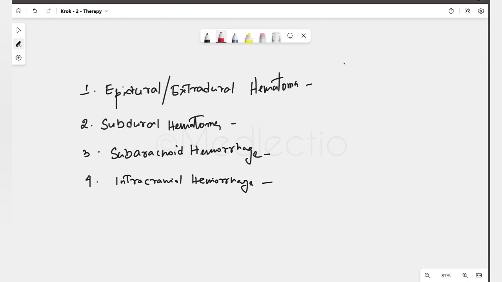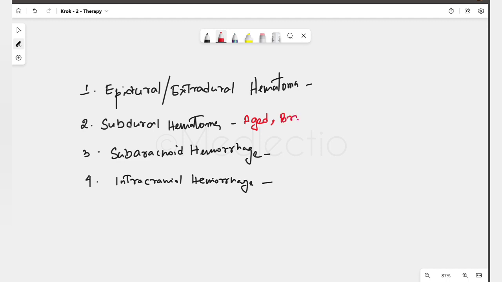So first, what is epidural or extradural hematoma, and then subdural hematoma? We'll talk about these two first. As subdural is in our options, we will talk about this first. Subdural hematoma is mainly seen in aged patients. What is the cause of this?